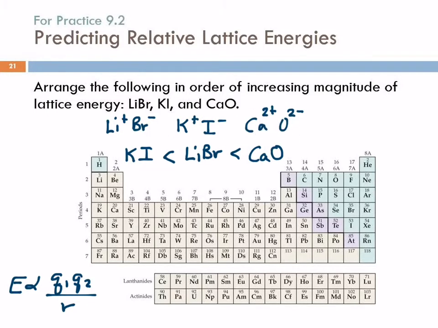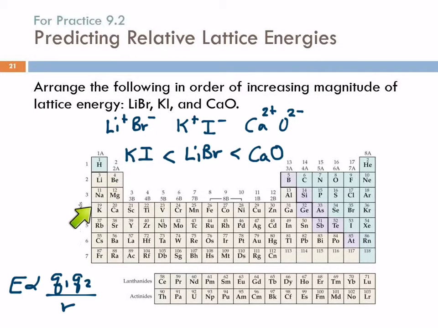That's a big deal. That's a fourfold change. So then the radius is probably not going to change enough to offset that. If these were much, much larger than these, then that would offset the difference in the charge. But these are not much, much larger.